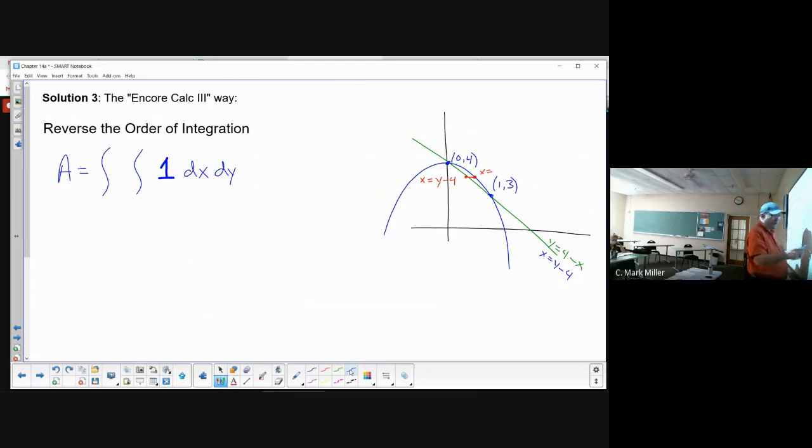Well, on the parabola, I have y equals 4 minus x squared. So x squared equals 4 minus y. x therefore equals plus or minus square root of 4 minus y.